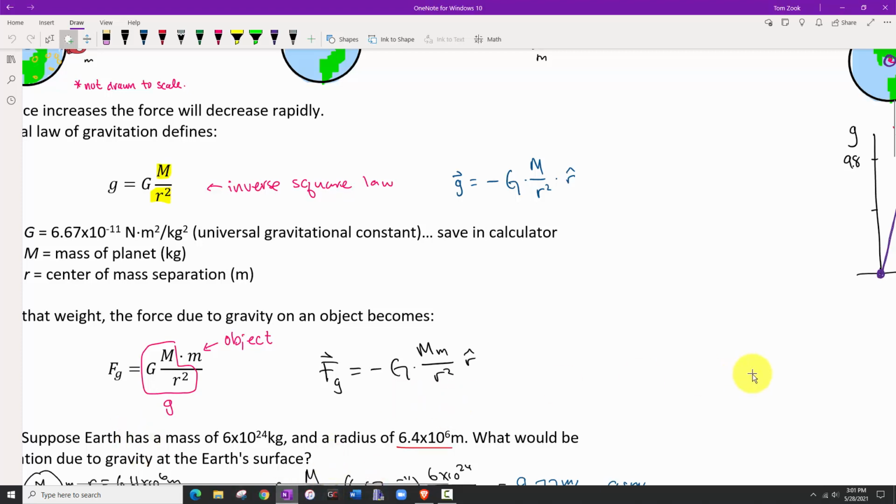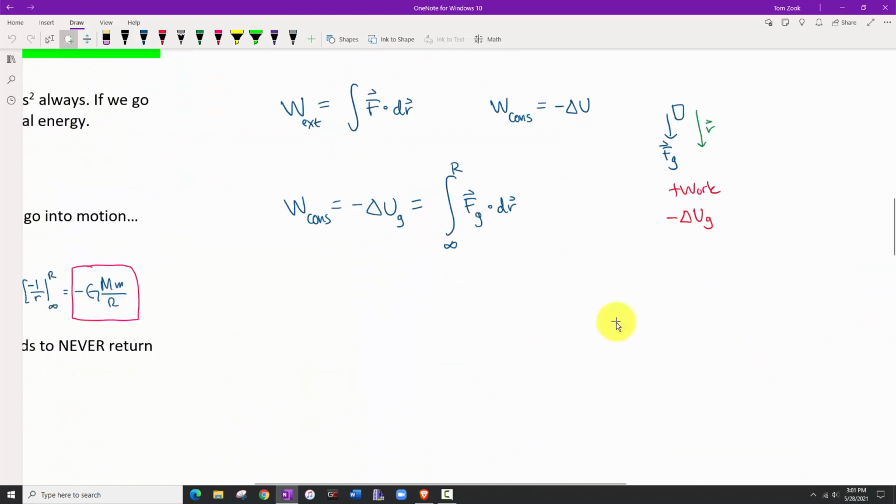So if we put those into our integral, negative delta U equals the integral from infinity to r of negative G M m over r squared dr. The negative signs that we have right here end up canceling each other out, and we're left with the same integral that we did before.